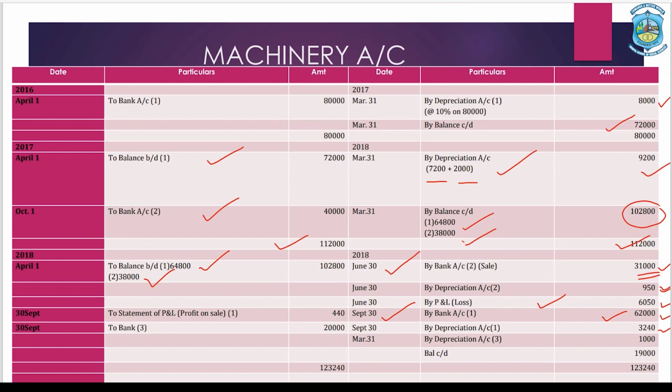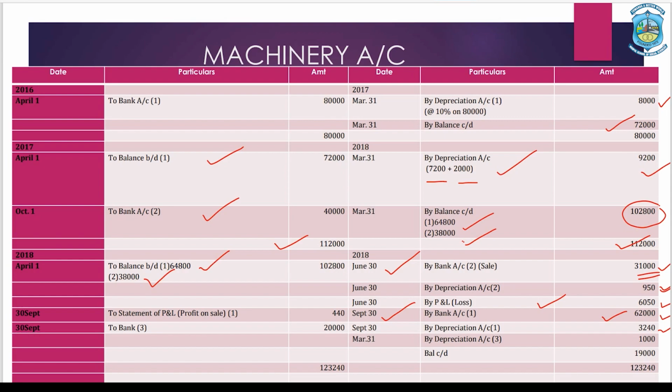So we need to know what is the value of this machine on the date of sale. So 64,800 was its opening balance, 3,240 was the amount of depreciation, which means the value of this machine was 61,560 and this machine is being sold for 62,000.